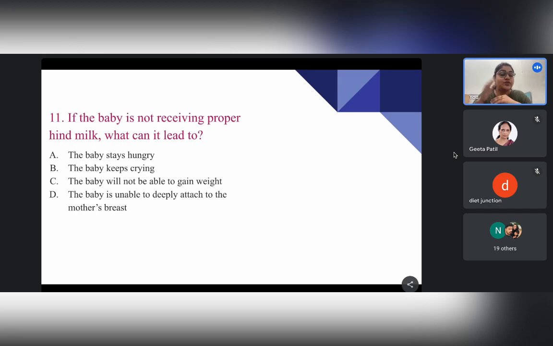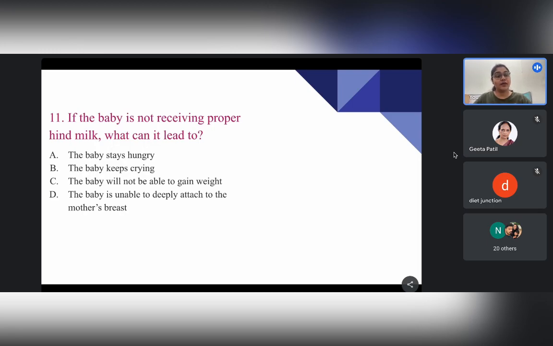So we have discussed why hind milk is so important. It has a maximum of fats, and this fat needs to be given to the baby so that the baby can have proper initial growth and development. It has been seen that many times, if the mother doesn't know whether the foremilk is being given to the baby or the hind milk is going into the baby's body, it might happen that the baby is not gaining the proper amount of weight that the baby is supposed to gain within that period of time, right?